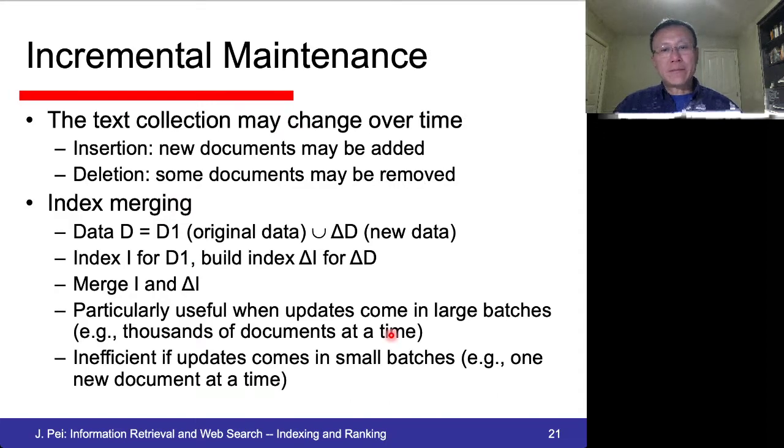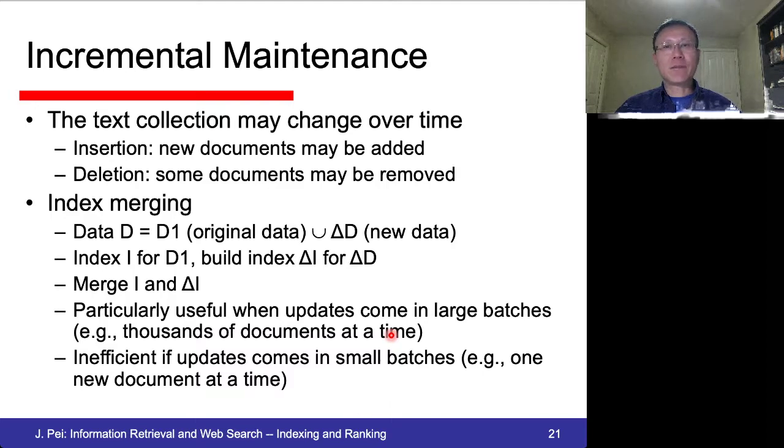One interesting challenge here is that a document collection may grow over time. Indeed, as we explained before, a search engine keeps crawling data. Therefore, it has more and more updated documents being added into its collection. Therefore, a search engine has to maintain the collection of the text and also maintain the corresponding inverted index.